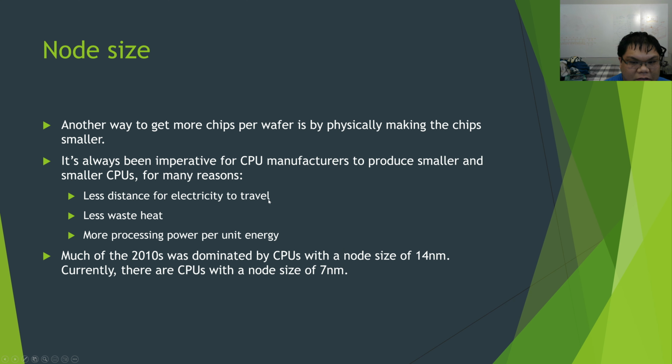such as, what if we just made these things smaller? And that's exactly what CPU manufacturers have been doing for literally decades. Why? Well, it's simple. Less distance for electricity to travel, less waste heat, and ultimately, more processing power per unit energy.